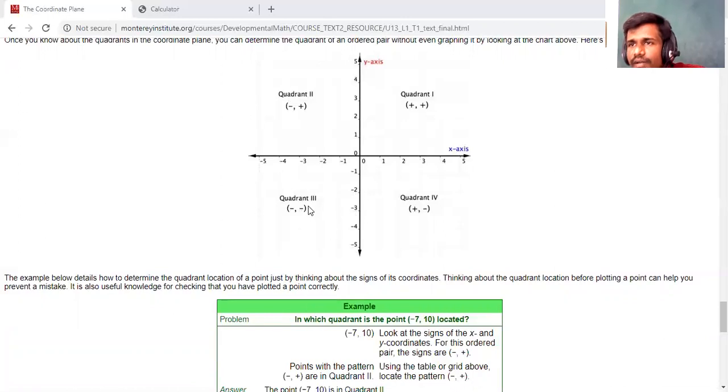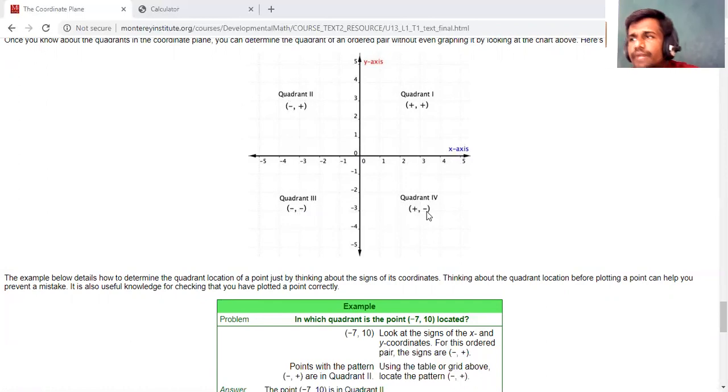In the fourth quadrant we have the positive x-axis and the negative y-axis, so x is positive and y is negative.